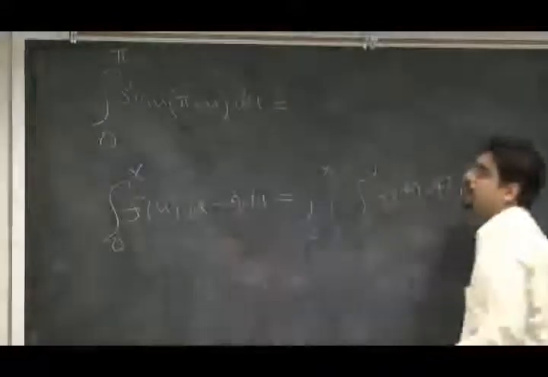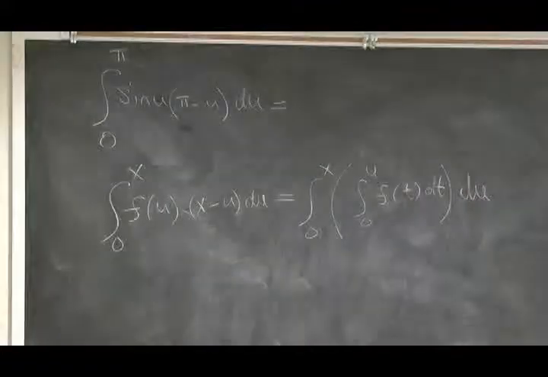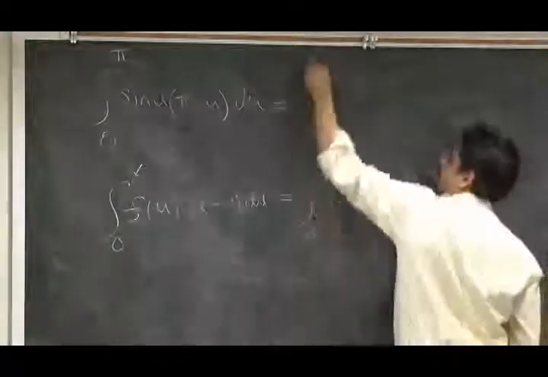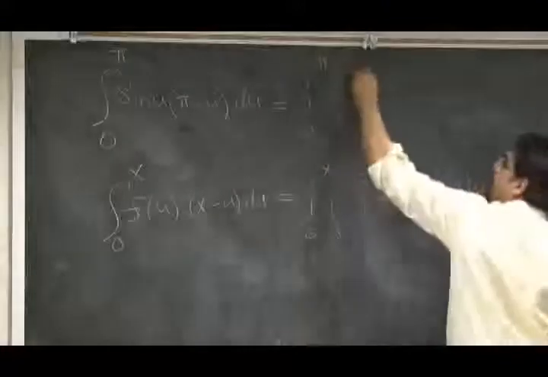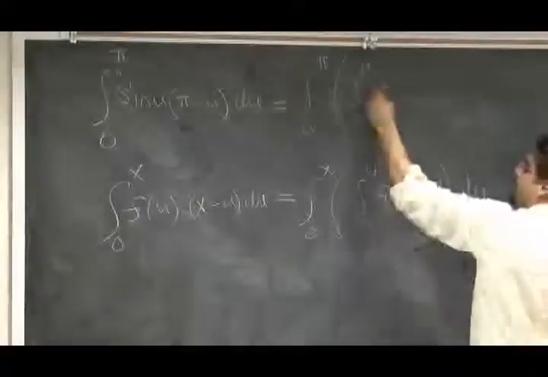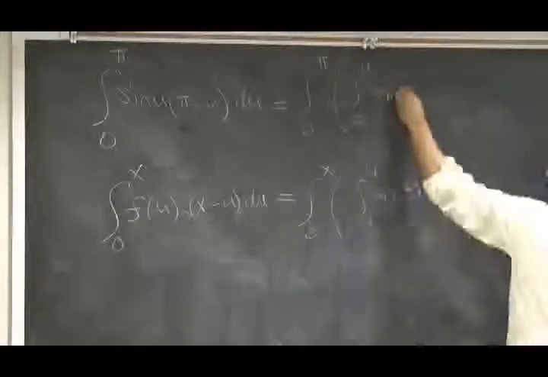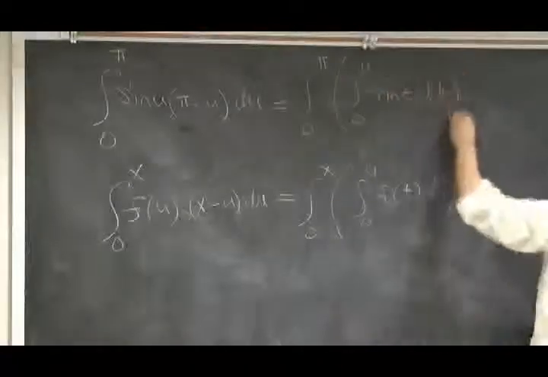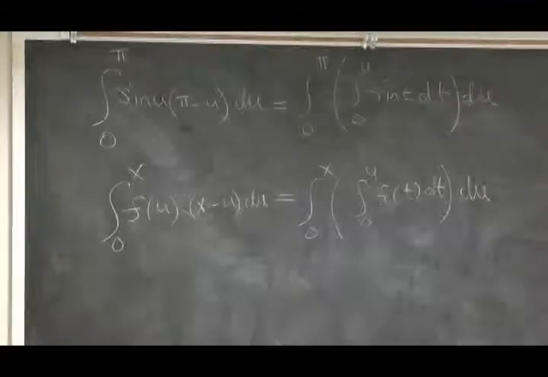Instead of x, we have pi. And instead of f of u, we have sine u. So this is equal to the integral from 0 to pi of the integral from 0 to u of f, where f is just sine, evaluated at t, dt times du. Does that make sense?